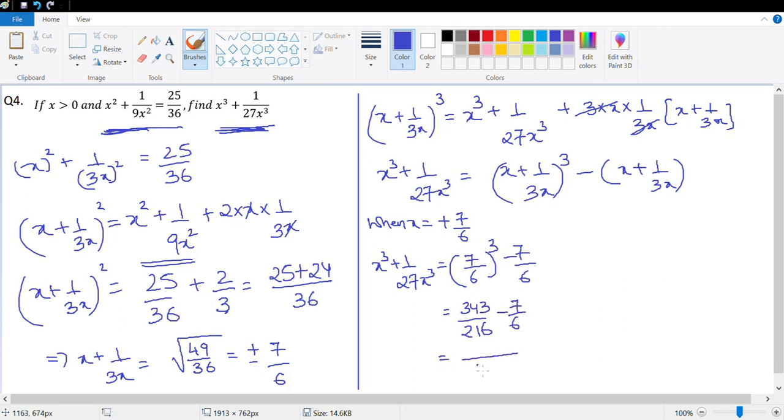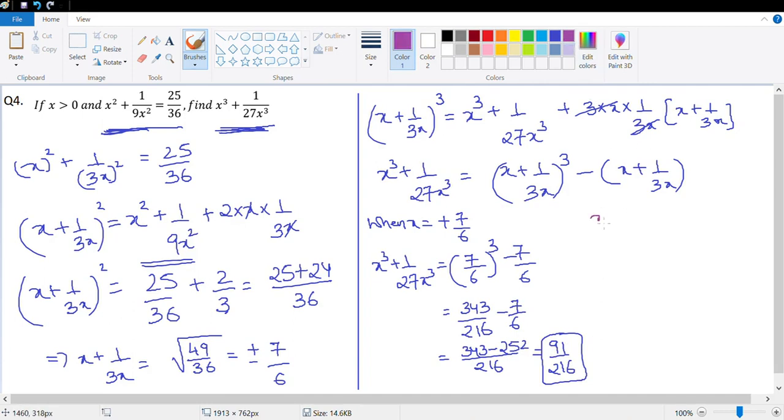The LCM is 216, so this is 343 minus that 36 into 7, that's 210 and 42, so that's 252, which would make this 91. Yes, 91 upon 216. So that's the value of x cube plus 1 upon 27x cube.